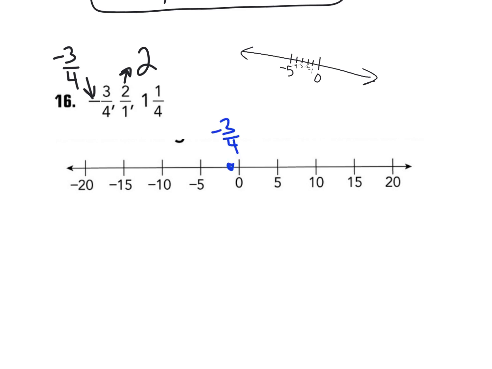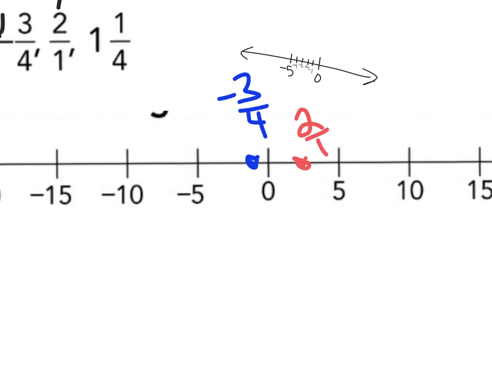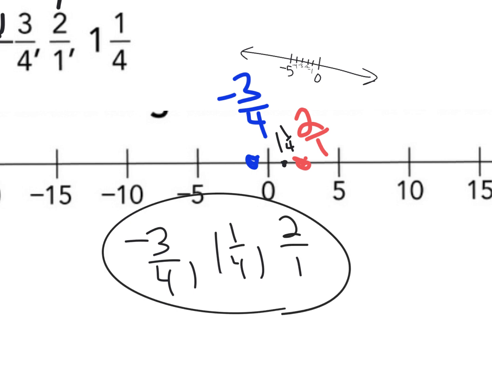It's a little bit bigger than negative 1. 2 is between 0 and 5. And 1 and 1/4 is also between 0 and 5. So here's where we have to look at this a little closer. 1 and 1/4 is not as big as 2, so that's going to be in between here. So negative 3/4, 1 and 1/4, and 2 over 1 would be our order least to greatest for this one.